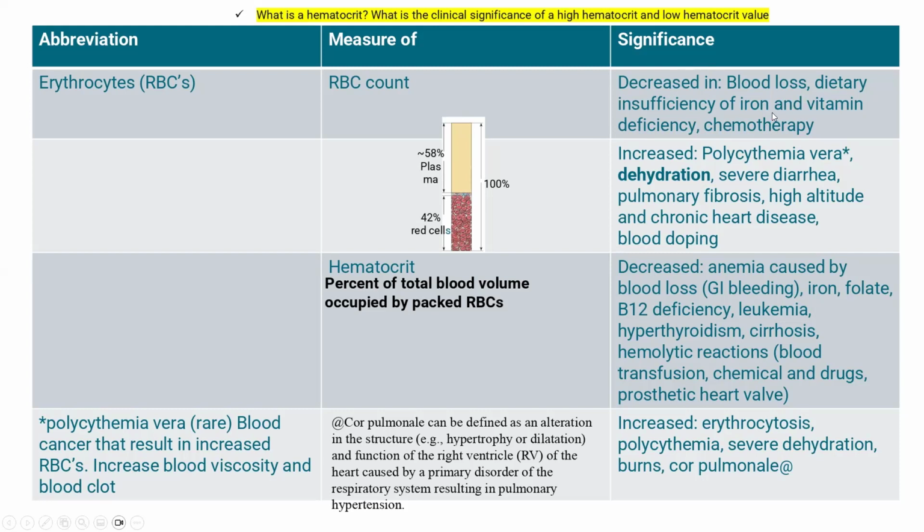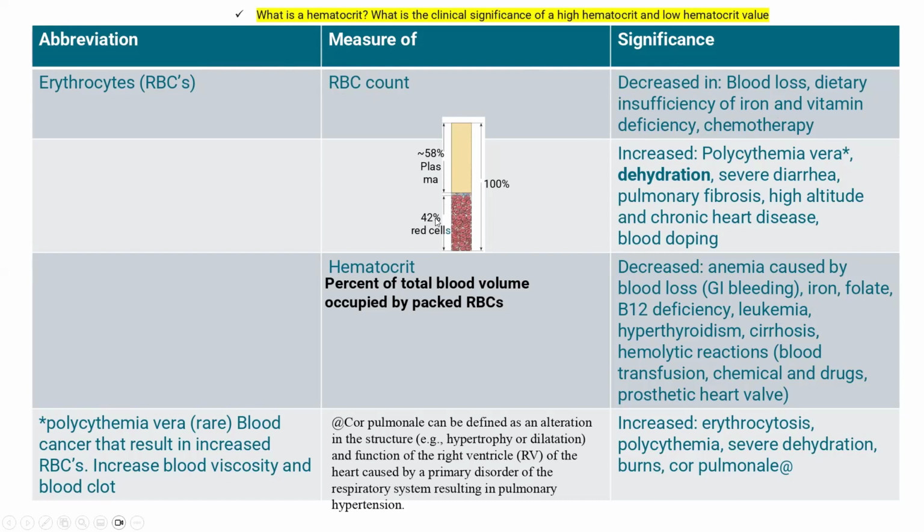Somebody who has cancer and is taking chemotherapy: chemotherapy does not differentiate between normal and abnormal cells, so it might destroy normal red blood cells, and this could result in a low red blood cell count.